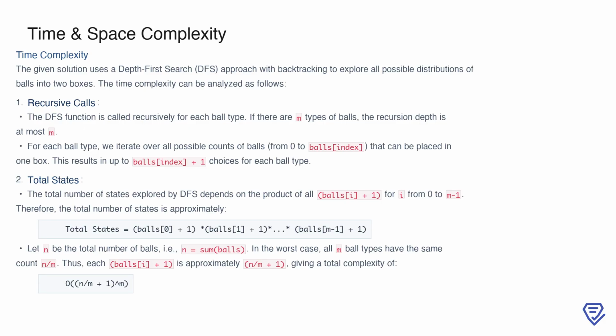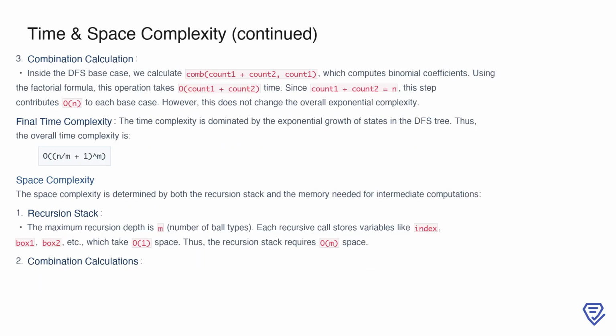This exponential growth reflects the combinatorial nature of the problem, as we must explore all valid distributions of balls between the boxes. The time complexity also includes the cost of calculating combinations within the DFS. Specifically, at the DFS base case, we compute the binomial coefficient COM(count1 + count2, count1), which determines the number of ways to distribute the balls between the 2 boxes.